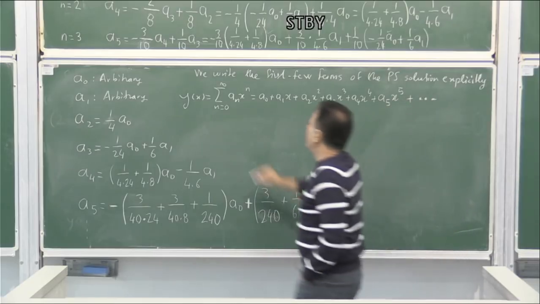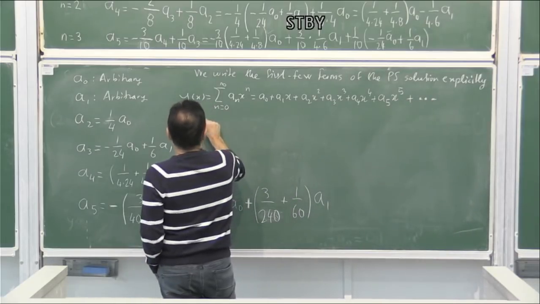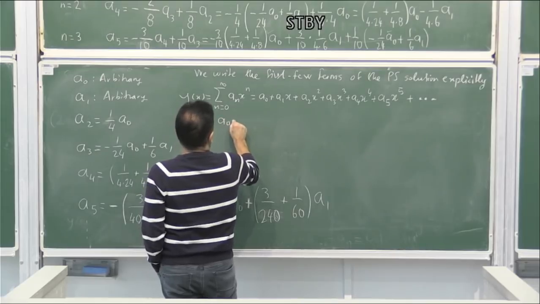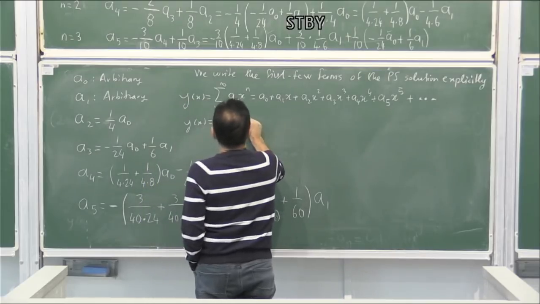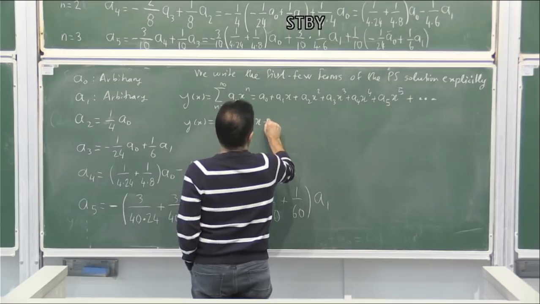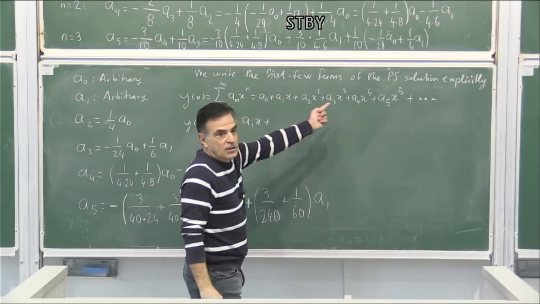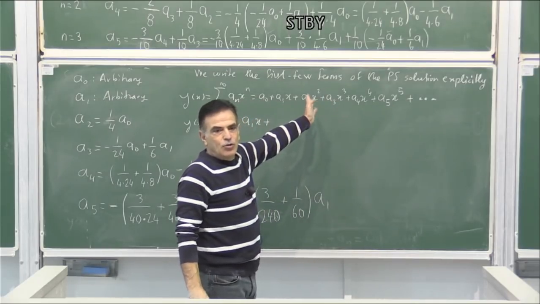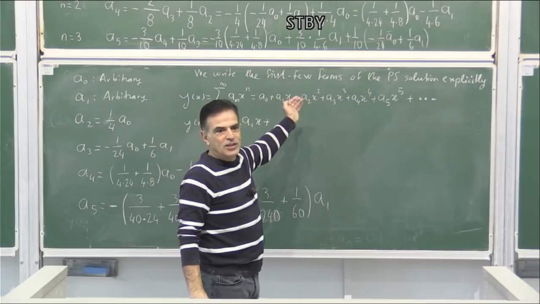Okay, and actually we have a0 plus a1x. So every coefficient is written in terms of a0 and a1.